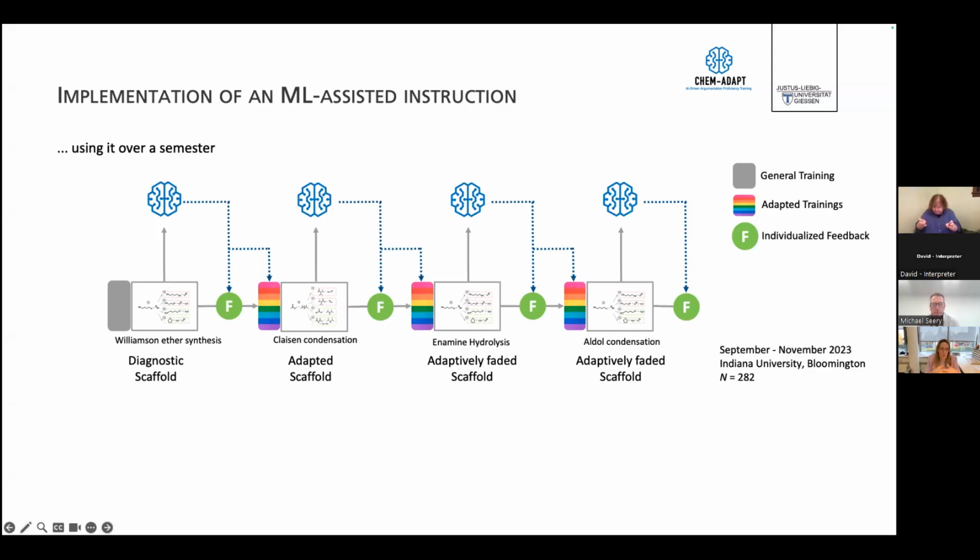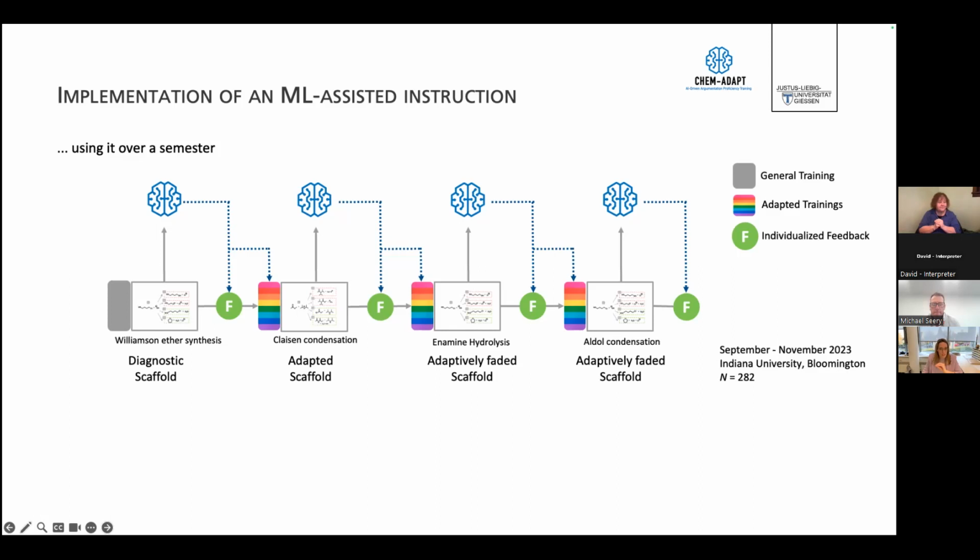And every time a student is producing arguments, the machine learning model in the background is analyzing the level or the quality of the argumentation. Then students get individualized feedback for their arguments. And then also, what is highlighted in that colorful bar here, they get adapted exercises.